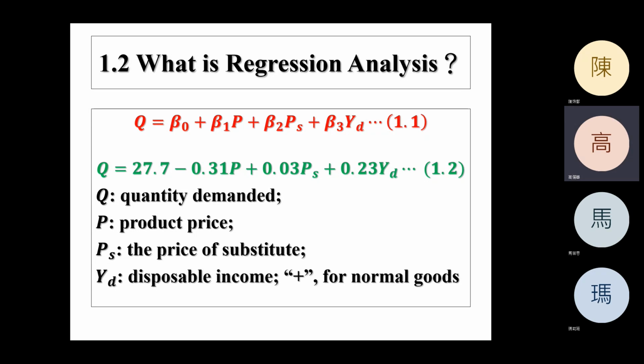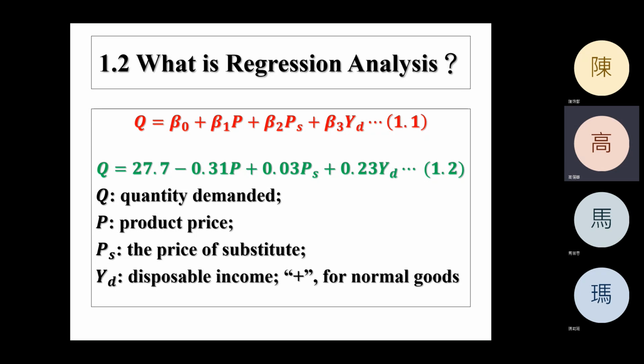But remember, in regression analysis, there is no cause and effect. We don't say any cause effect. This is hard to grasp and hard to understand, but this is just statistical significance instead of cause and effect.